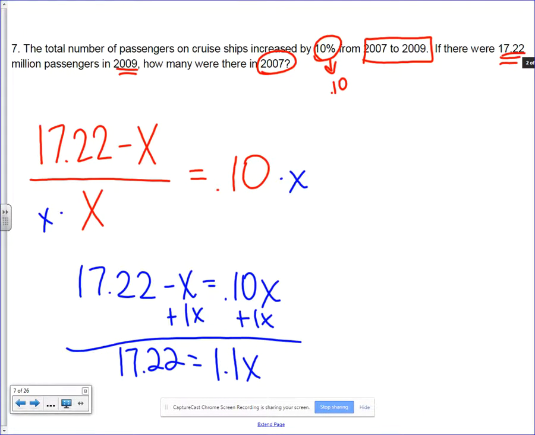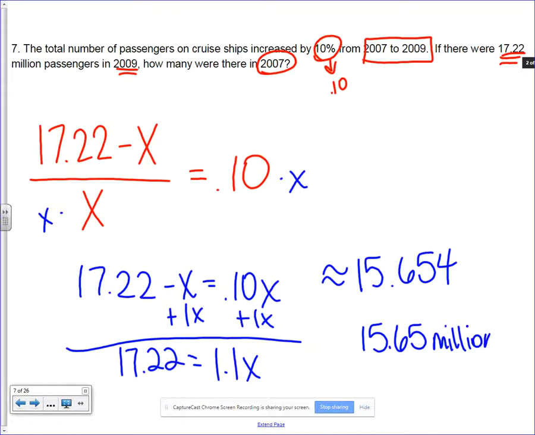And now when I divide by 1.1, I get approximately, and remember what we're talking about here. We're talking about passengers on a cruise ship, and we're talking millions. So let's just go ahead and say that for my answer. Now remember, we're talking about people, so you might be saying, oh, how do I get 0.65 of a person? Well, this is in millions, so that is okay to leave as a decimal.